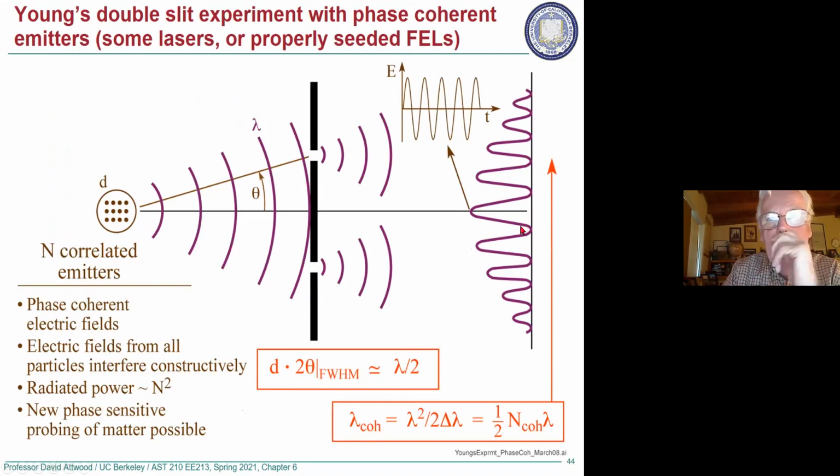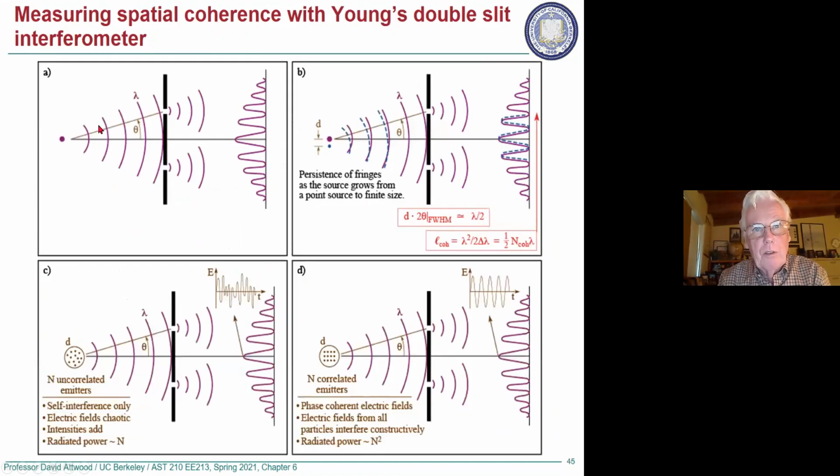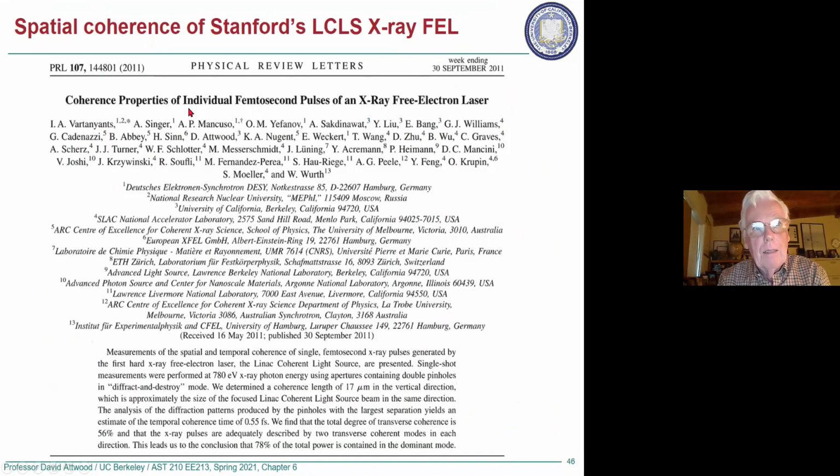But if we looked on axis, we would not see a nice sinusoidal electric field in time, but something chaotic, because we had a bunch of electrons radiating independently. So there would have been chaos here. Now we're going to measure the spatial coherence without a slit for the FEL, which is what was done by this group. And this is the paper that was written.